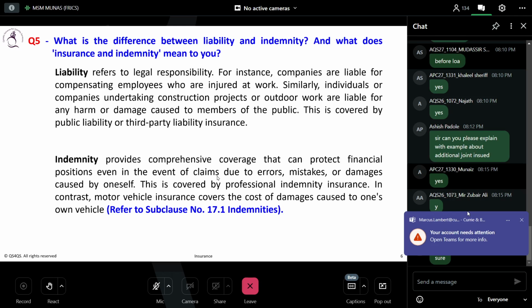Now let's say the design was done by the consultant, and a design error caused some additional work. Let's say the employer got a designer, and the designer designed a slab with grade 30 concrete. But actually that grade should be 40 instead of 30.